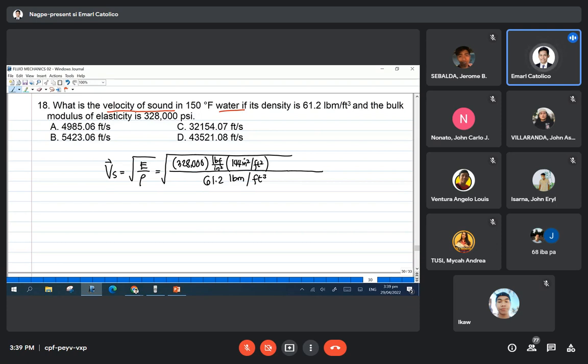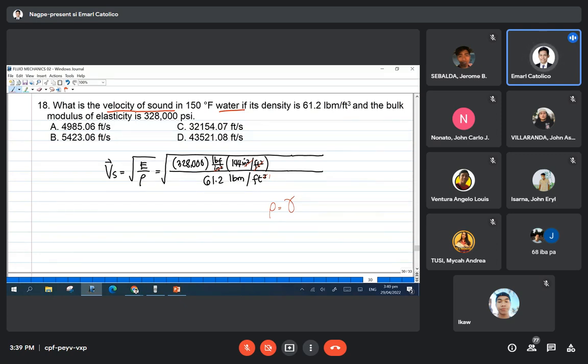So, hindi mo makakancel yung pound mass sa pound force, ano? Check na natin. Density is equals to ano naman? Density is equals to gamma na. Kaya naman pala. Cancel si inch squared. Ito, magiging isa. So, hindi mo mapabalabas si feet squared per second squared.